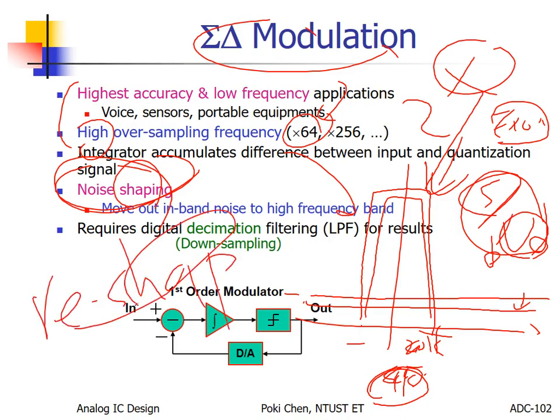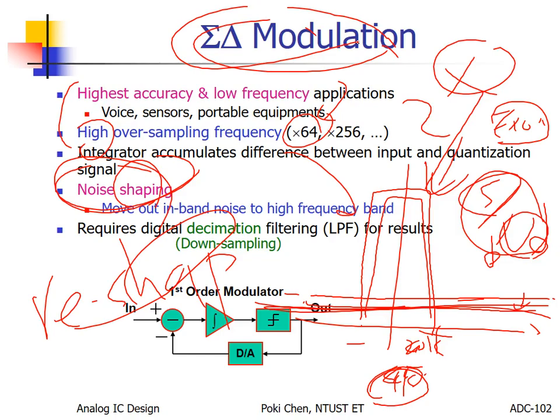It means the noise spectrum is not the same as before. After you apply such kind of delta sigma modulation, what will it look like? Because the total noise energy is still the same, but we try to move the in-band noise to be out of band. That's it.